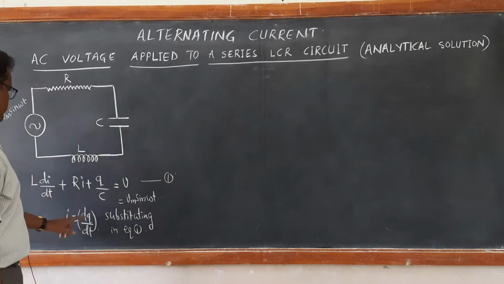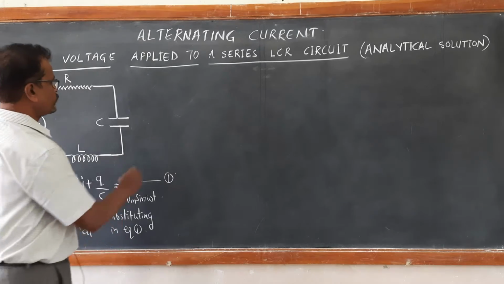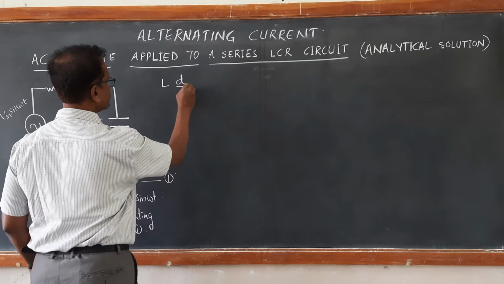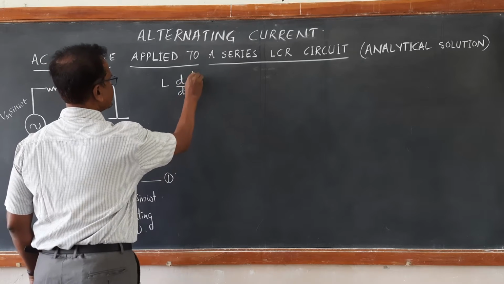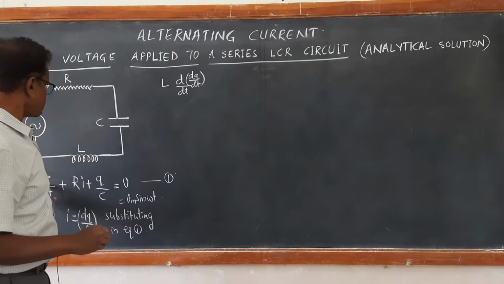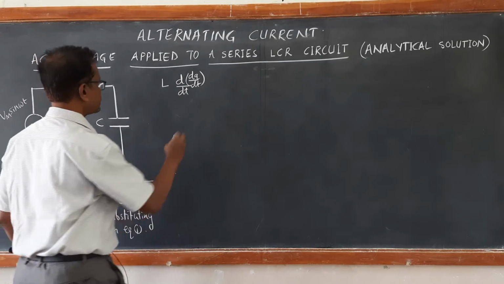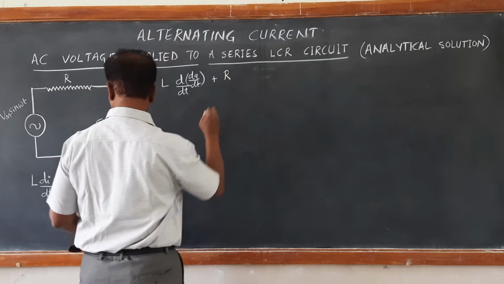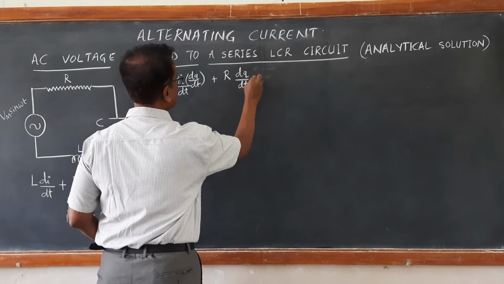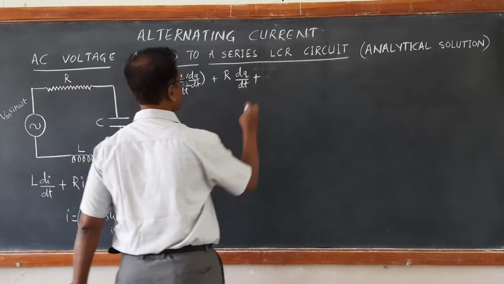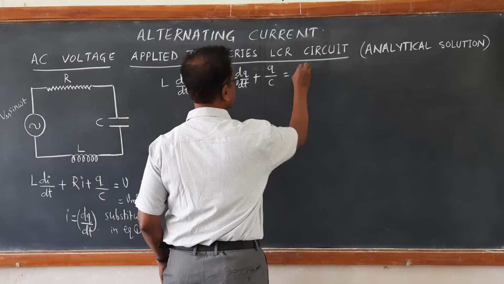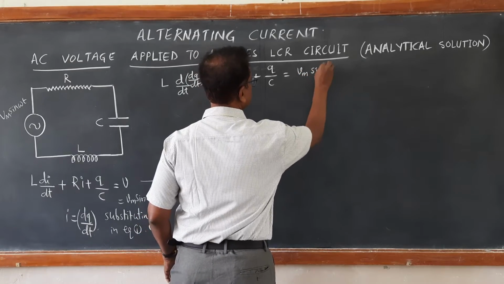If you substitute I equal to dq by dt in equation 1, we get L into d by dt of dq by dt, because I is dq by dt, plus R into dq by dt, plus Q by C equal to V, which is Vm sin omega t, right?